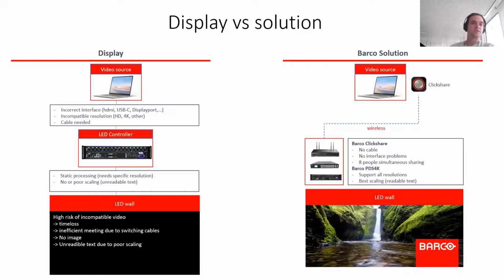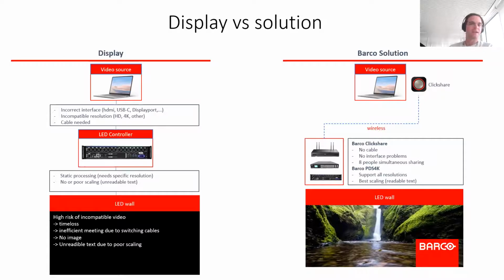We don't have just a display, we have a complete end-to-end solution. That is interesting because we have a complete system that has been tested in a current setup with optimal latency, for example, which can be interesting when you have a presenter in front of a wall.